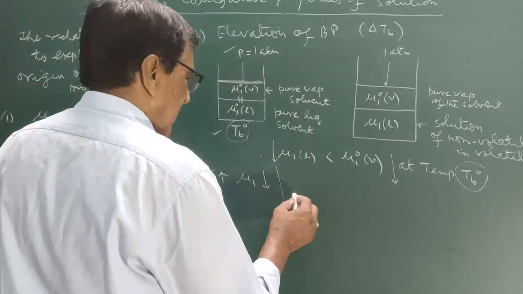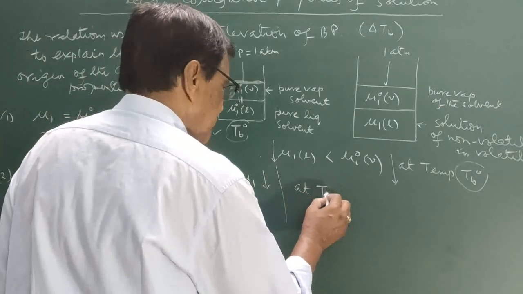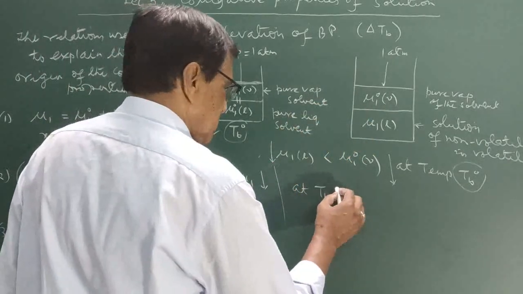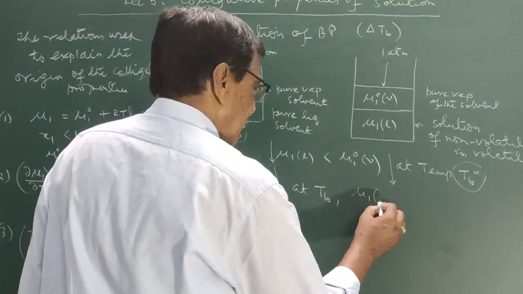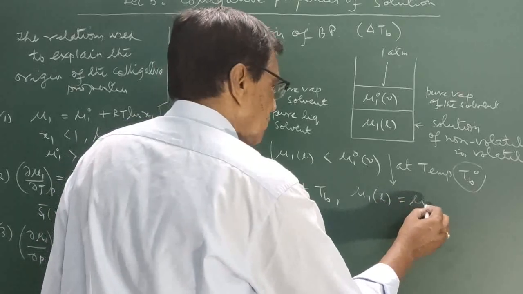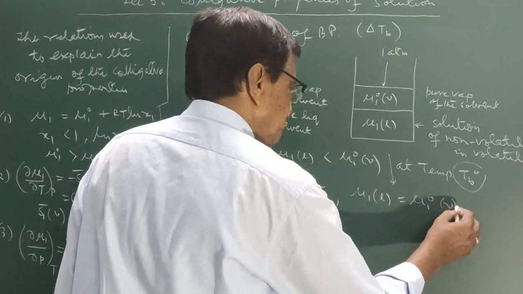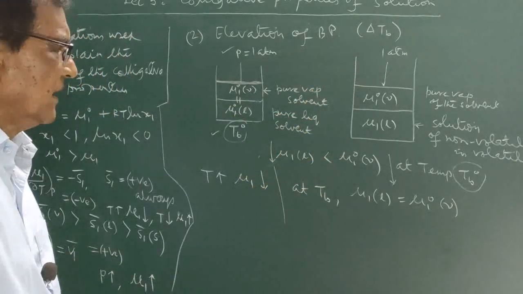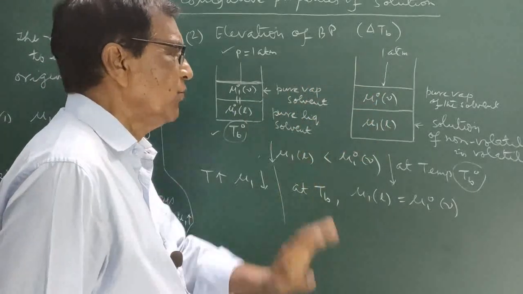Again, at a temperature TB, the boiling point of this solution, mu1L becomes equal to mu1 naught V. That means at this temperature, these two become equal again.